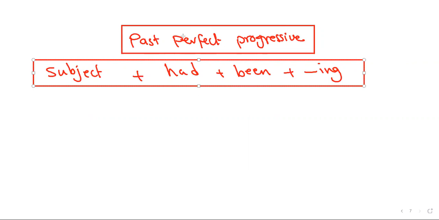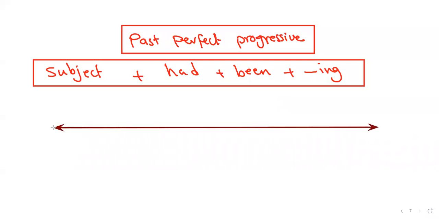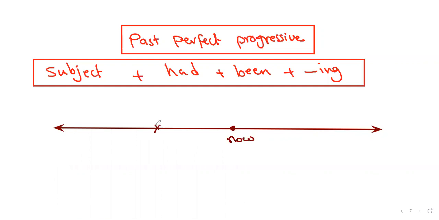Look at this timeline again. And this is now. And we have, for example, this is the first action, study, and the second action, my father came. So this is action number one, and this is action number two.